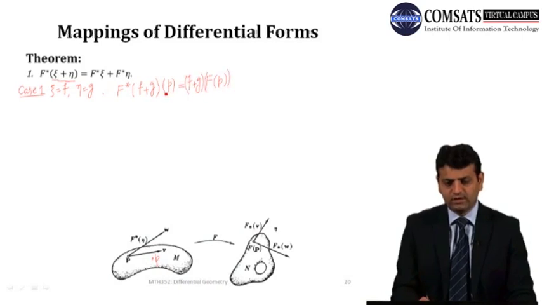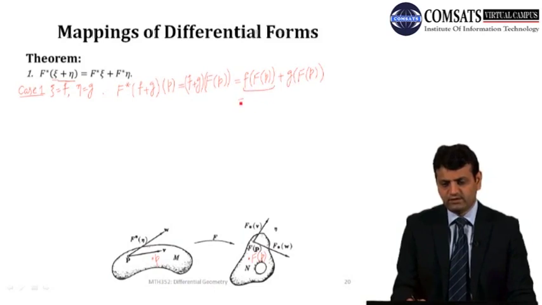So basically आपने F of p calculate किया, which will be a point on N, and then you can apply f plus g on it, and it can be written as f of capital F of p plus g of capital F of p. Now what is this expression?